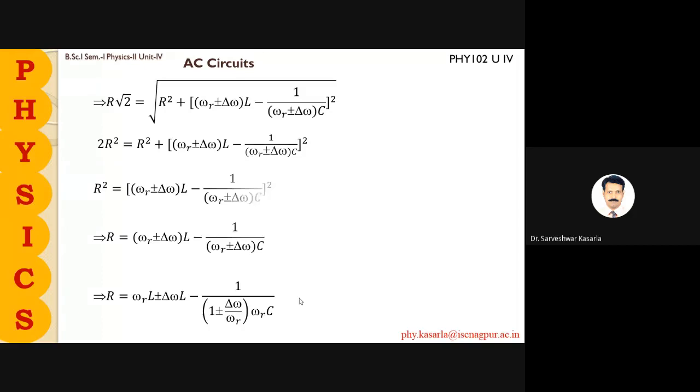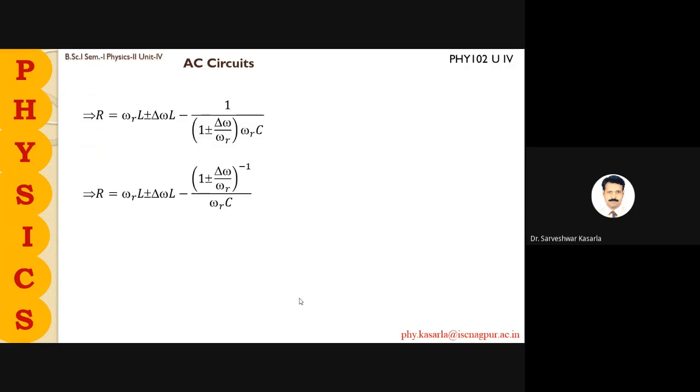Then, yes. Then again, yes. So here, the steps are now repeated. Now here, what will you do? 1 plus or minus delta omega upon omega R is taken on the numerator with minus 1 as a subscript.